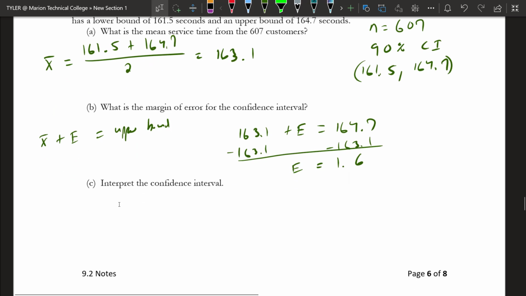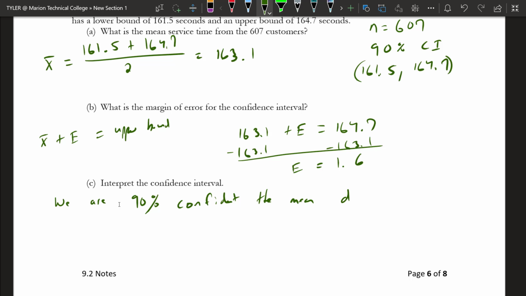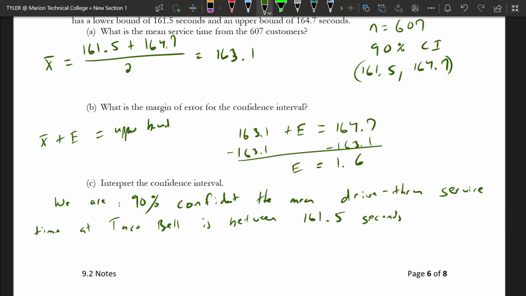Right, so then now we want to interpret this confidence interval that we were given. So we can say that we are 90% confident the mean drive-through service time at Taco Bell is between 161.5 seconds and 164.7 seconds.